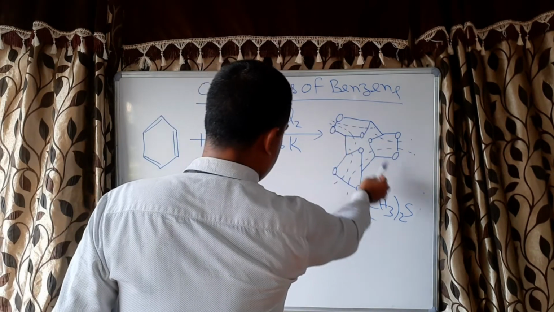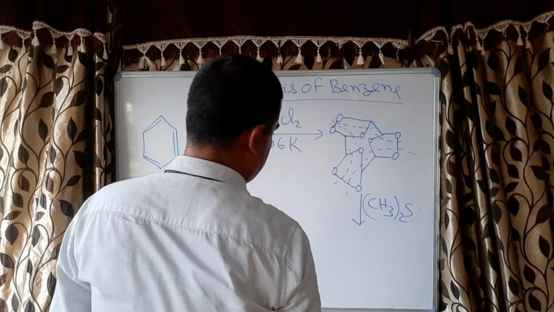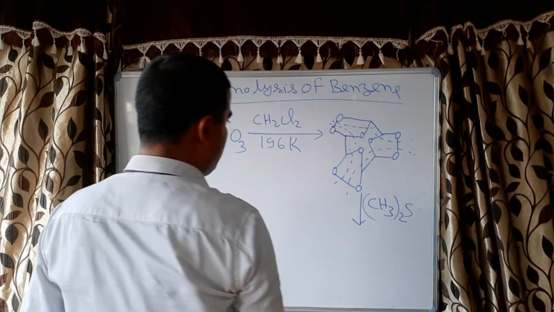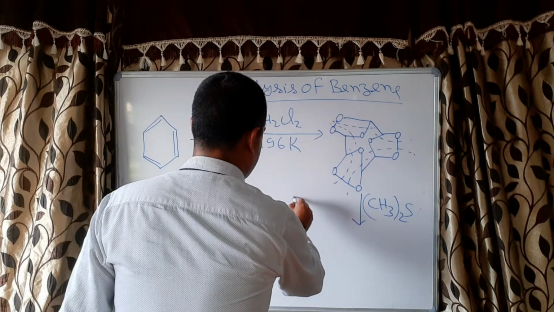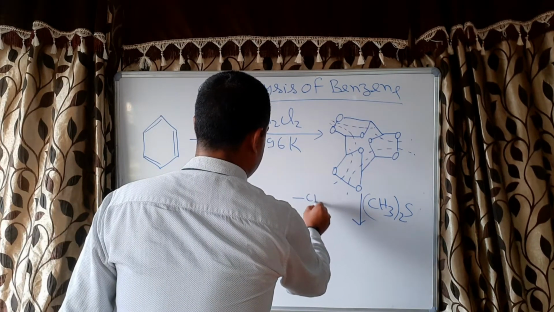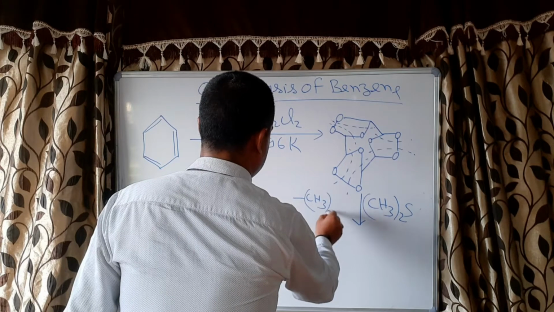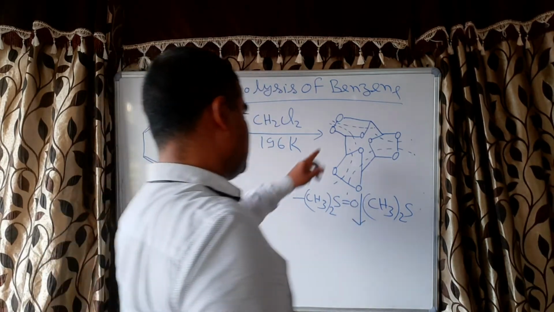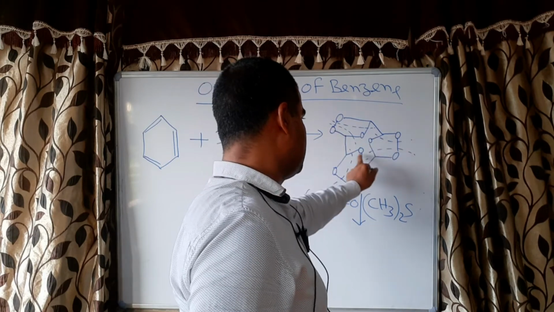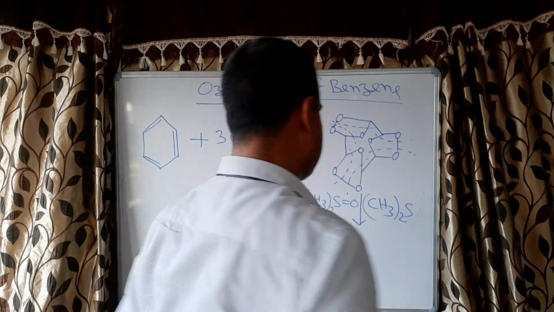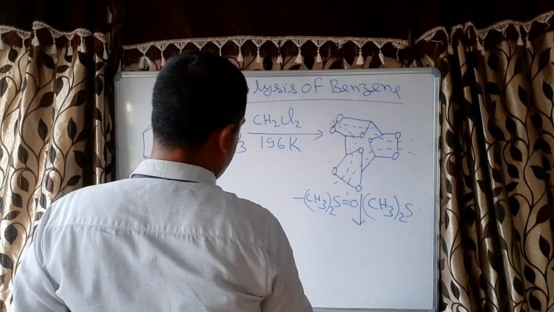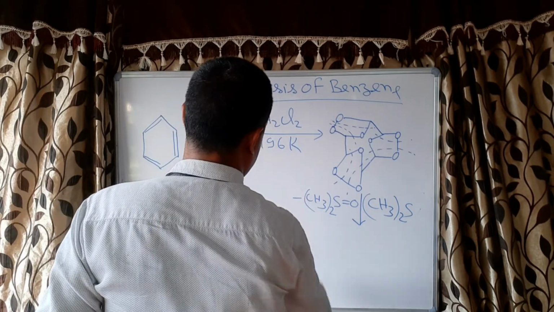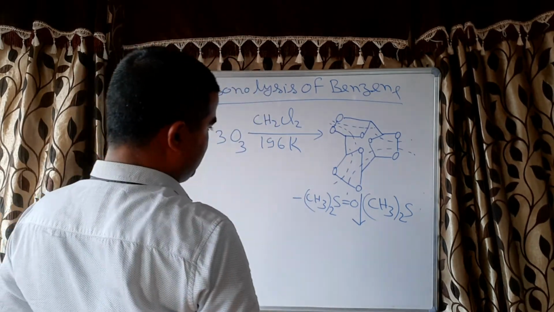This oxygen will react with dimethyl sulfide and it will form dimethyl sulfoxide, CH3 twice SO. Since these are the 1, 2, 3 oxygens, it will form 3 molecules of dimethyl sulfoxide.